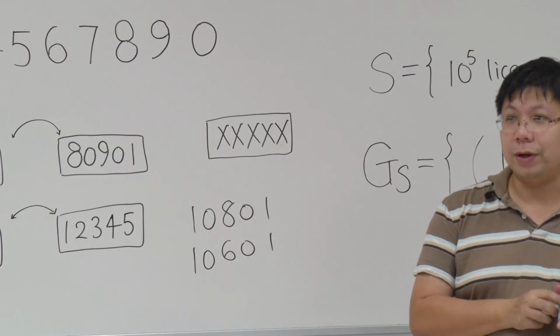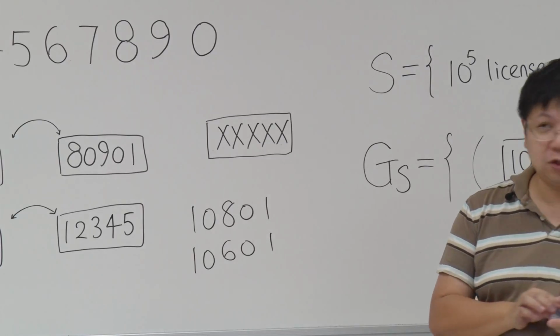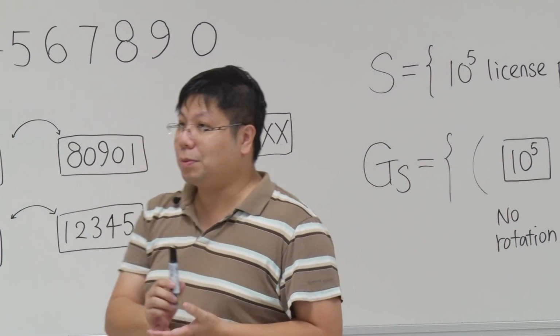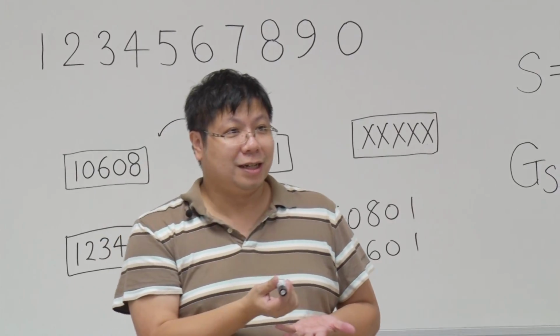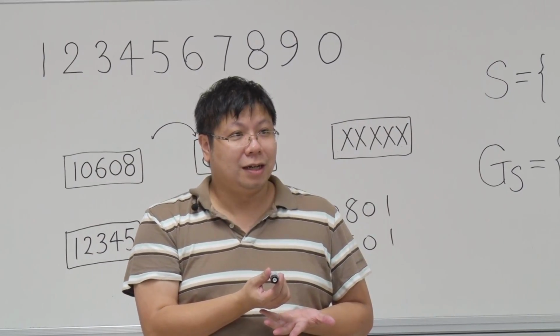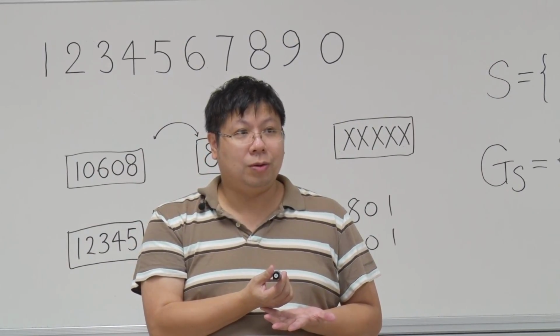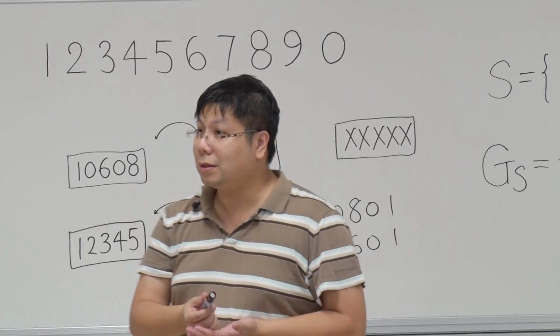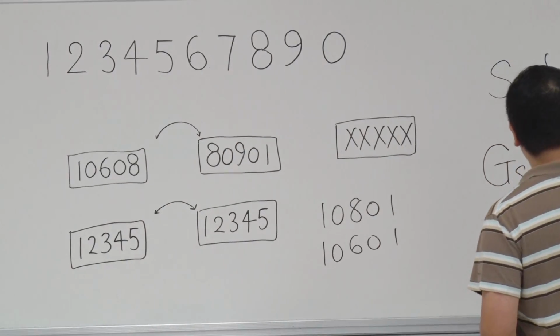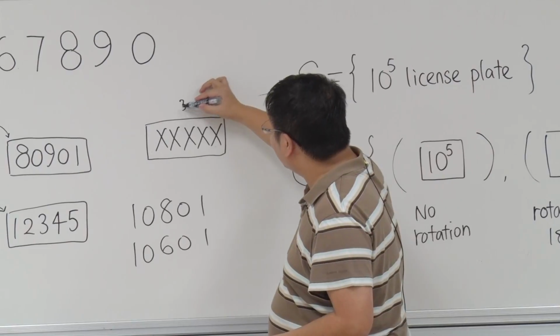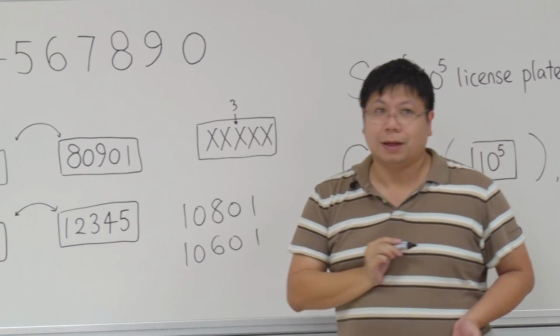So first of all, invariant, then you don't have much choice. The middle digit has to be what? 108. There are only 3 choices. Okay, so they're invariant. So there are 3 choices for this middle digit. Is that okay?